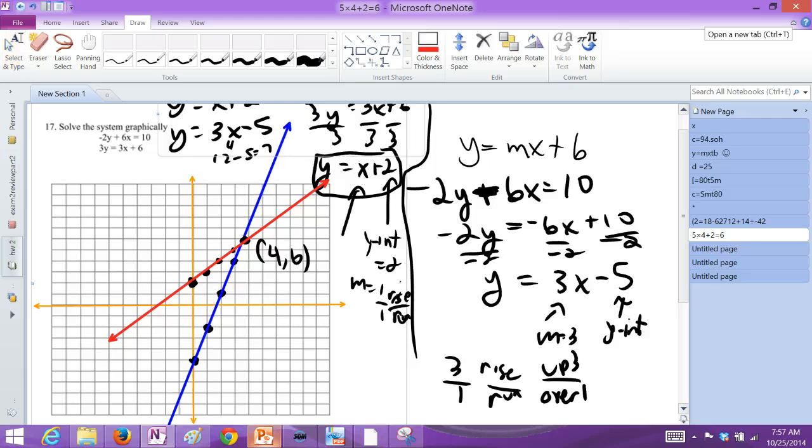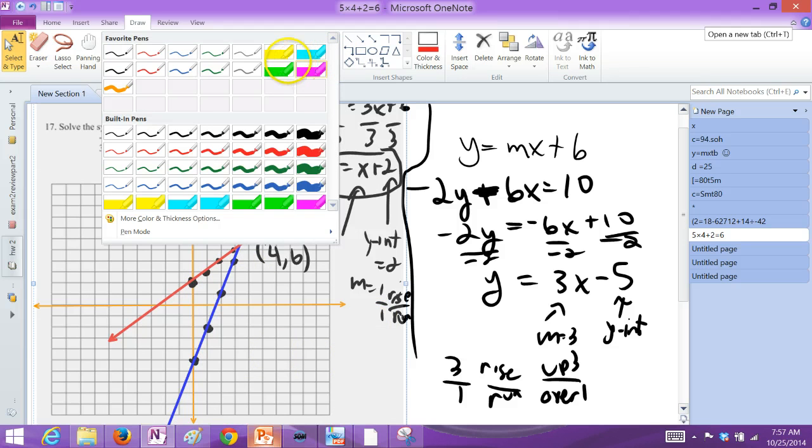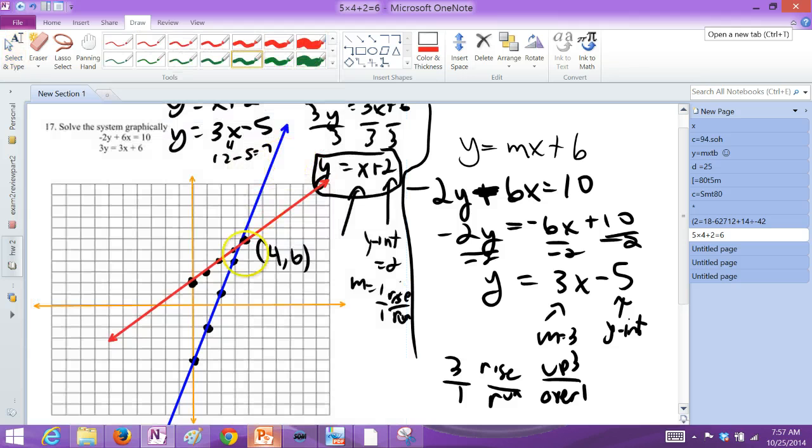This has to be really accurate here, so somewhere between 3 and 4, and somewhere between 3 and 4, and somewhere bigger than 5, between 5 and 6.